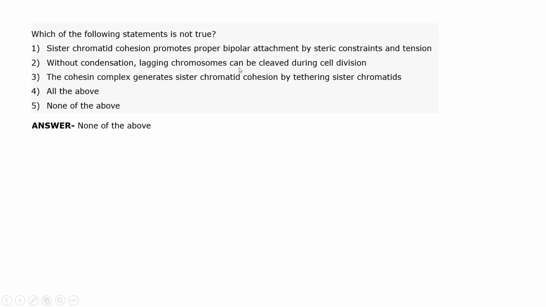And without condensation, lagging chromosomes can be cleared out during cell division. Lagging chromosomes, which are obviously part of Okazaki fragments there, right? So without that particular condensation, the DNA gets degraded by the activity of several DNA degrading enzymes or DNases there. So with condensation, that particular lagging chromosomes cannot be cleaned out there. So that's also a correct answer. If you look at this particular option, none of the above is the probable answer to this question.